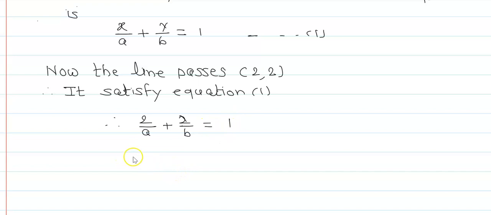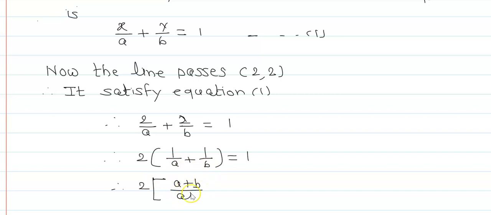Now here take the 2 as common, and in bracket you will get 1 upon a plus 1 upon b is equals to 1, and therefore by simplification, with cross multiplication, a plus b upon ab is equals to 1.